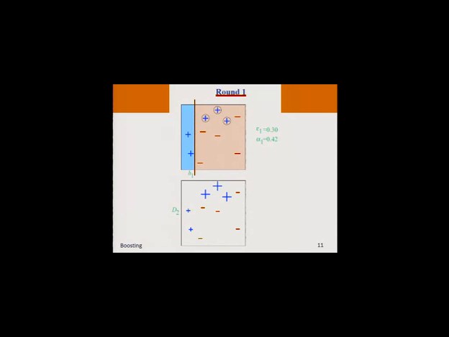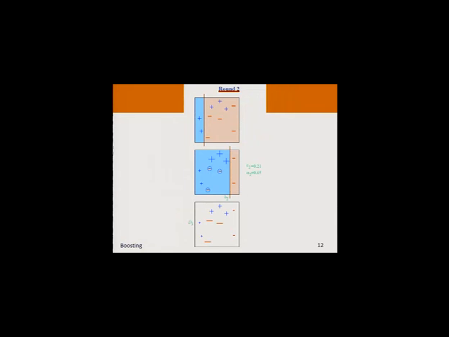Once I have H1 and I have D1, the uniform distribution, I can define another distribution. I take these 3 examples on which I made mistakes, and I change the weight. They're going to be heavier now, which I indicate here by making them larger. And all the other 7 points become smaller. I don't care whether it's positive or negative, they just become smaller. The sum is still going to be 1, because I normalized it.